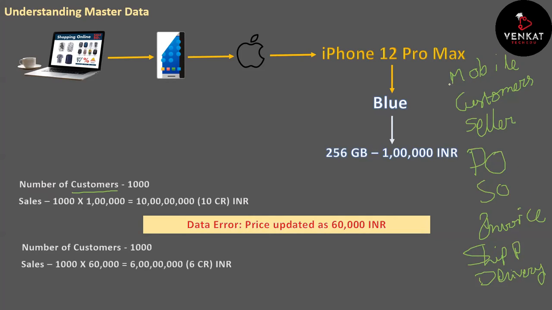Now, here let's understand one by one. Mobile information: are we going to maintain this mobile information 1,000 times for 1,000 customers? Definitely not. It's a one-time maintenance. Seller will list the details for one time, and that will be shared for all the customers. Now, customer details.